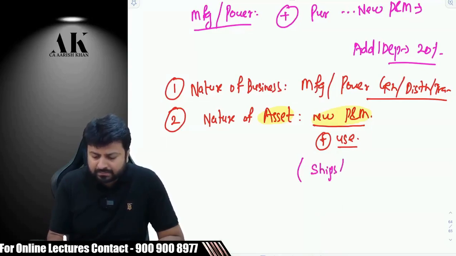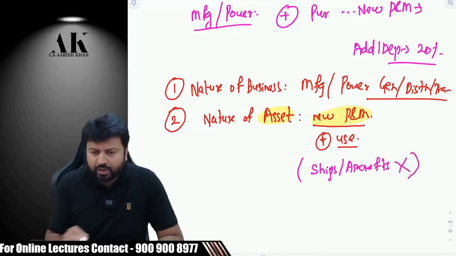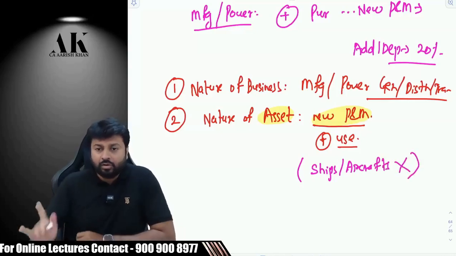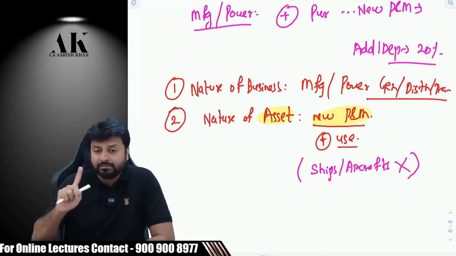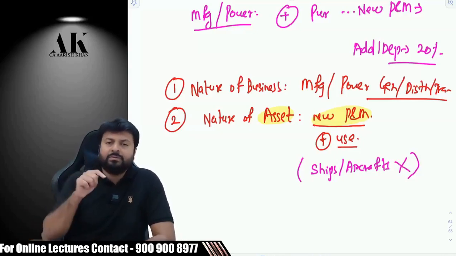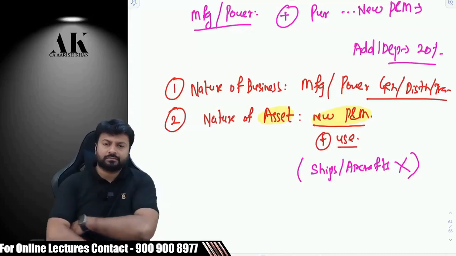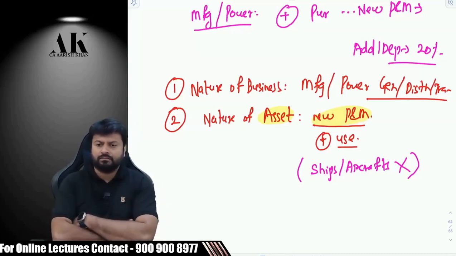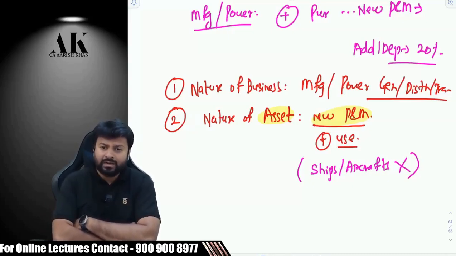Ships, aircraft, not allowed, right? Now don't read anything beyond this. Please tell me what is the objective of this section. Why extra incentive? Why?